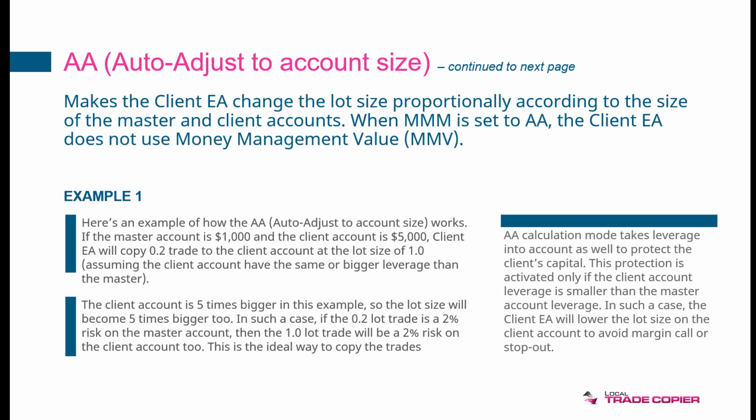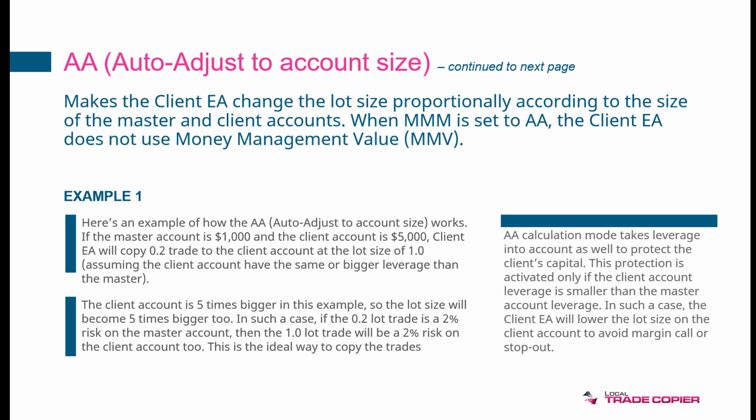Like I explained in one of the first slides, if you risk 1% on the master, the same 1% will be risked on the client EA, and the client EA will adjust the lot size on the client accordingly, making it bigger or smaller according to the size of the client account.